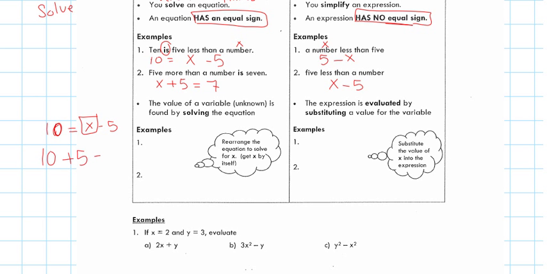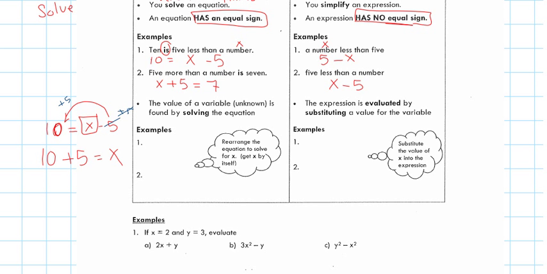Okay? So I move that negative 5 over the equal sign. I perform the opposite operation. Some of you might have learned it as I'm doing the opposite operation on both sides. Some of you have learned it this way. So I'm going to add 5 to both sides, right? Where the plus 5 and the negative 5 cancel, right? They're both the same thing. Whatever way you want to do it, you can do it.